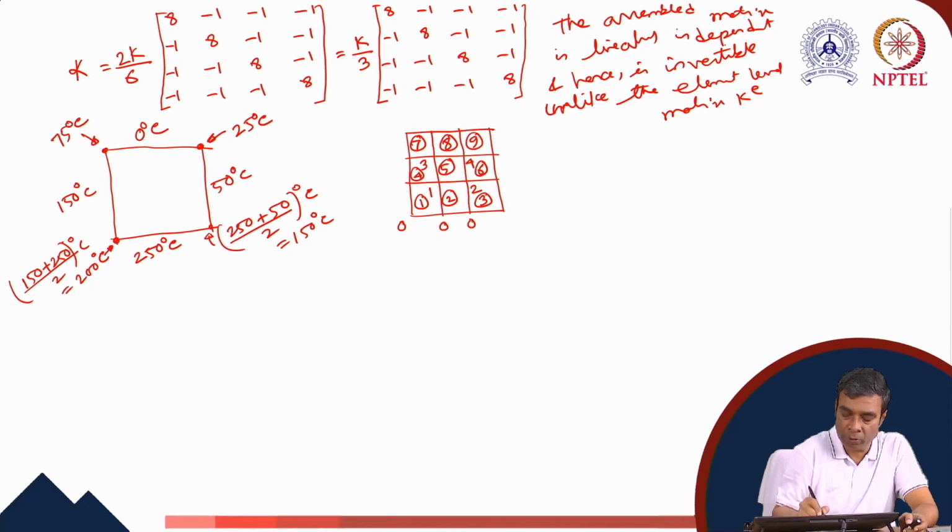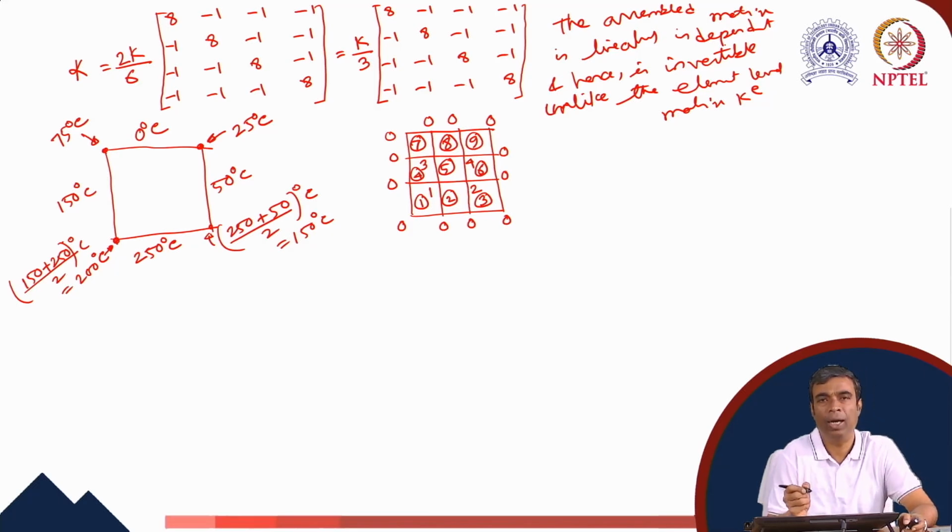At the boundaries we know the temperatures, and we have already assigned 0 equation numbers at these essential boundary points. Now if we construct the load vector, it will have two components, one component from the source term and the other component from the essential boundary condition.